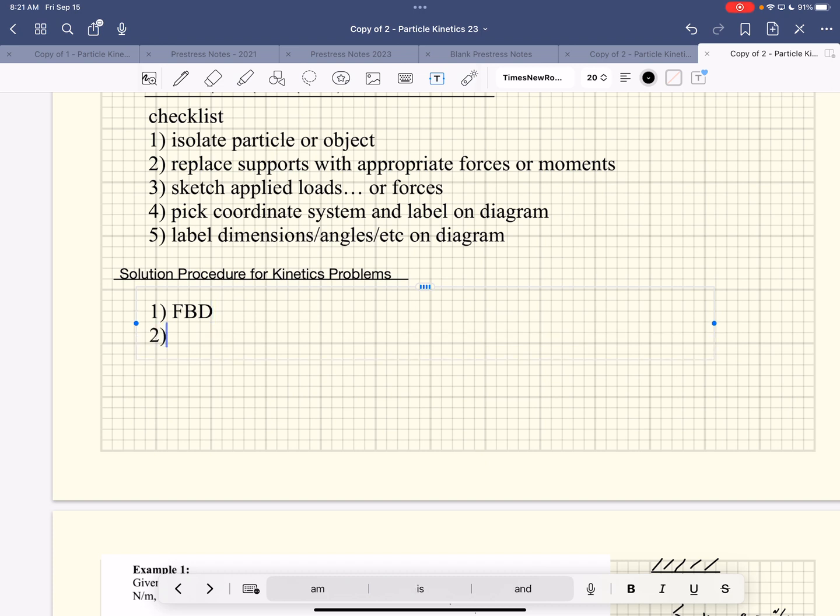Second thing we're going to do is write down EOMs, equations of motion. Third thing we're going to do is kinematics, as required. Sometimes they're not. Kinematics are pretty simple, but sometimes they're super important, especially when we get into 2D rigid body stuff. The kinematic step becomes pretty important. And then the last step is to solve.